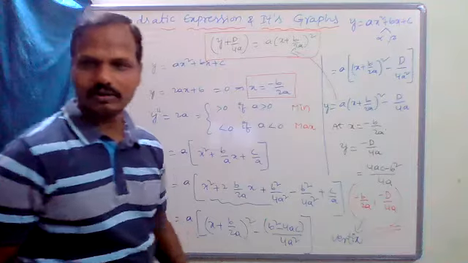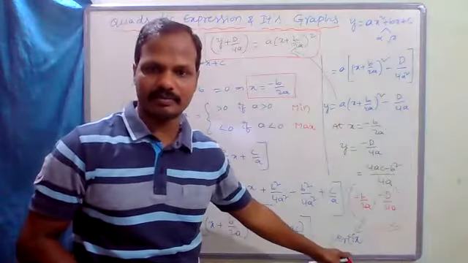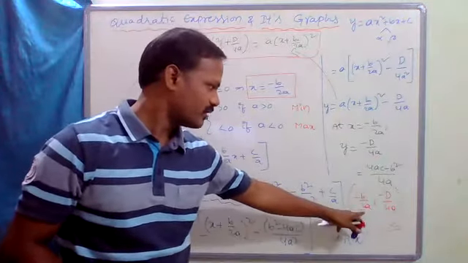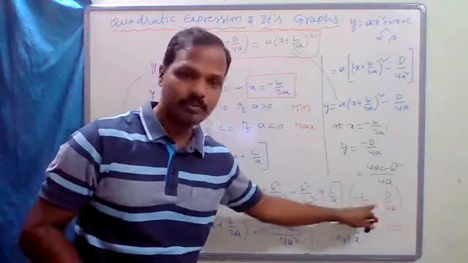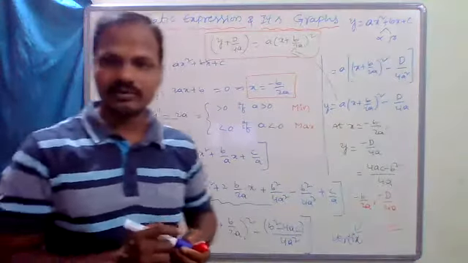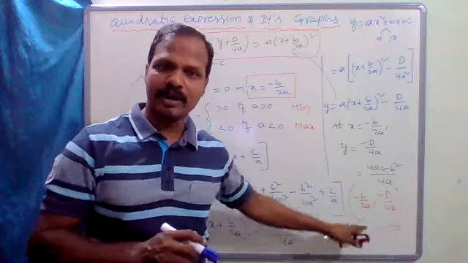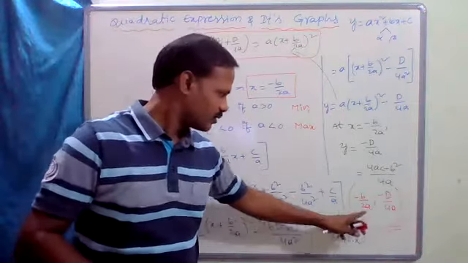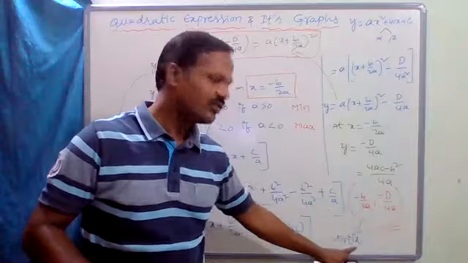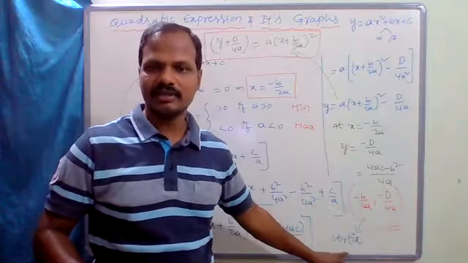We will discuss it in the parabola topic. This point minus b by 2a, minus d by 4a, because at this point the graph has minimum or maximum. So this particular point is called the vertex of the parabola.